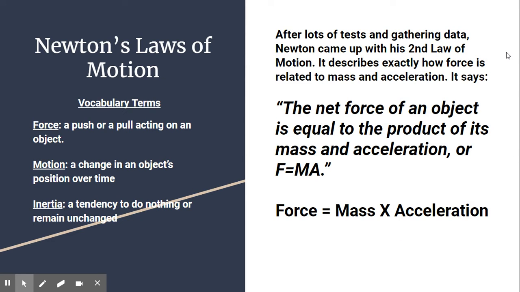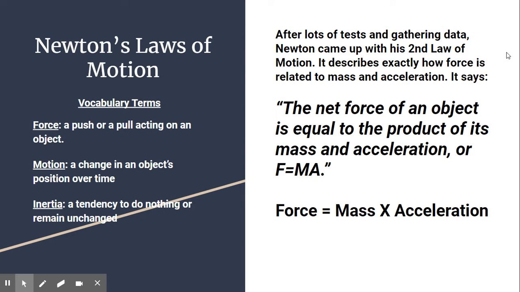Today, though, we're going to focus on Newton's second law of motion. His second law of motion is actually a mathematical equation, and it's how he was able to identify and describe exactly how force, mass, and acceleration are all related to each other.